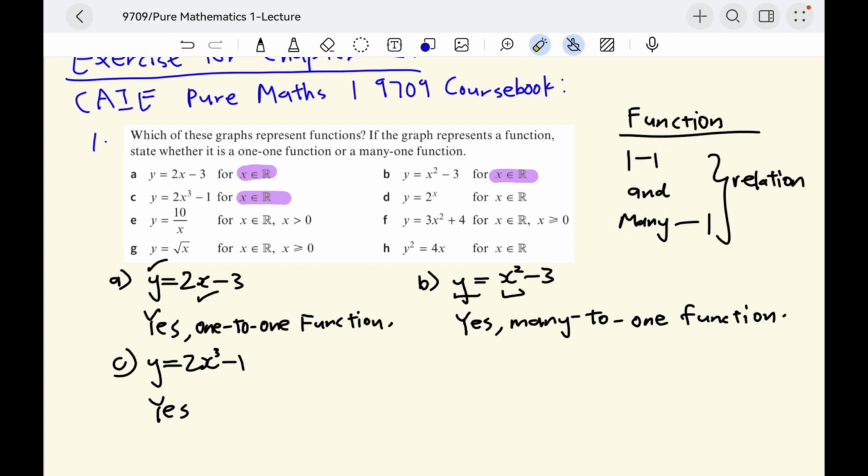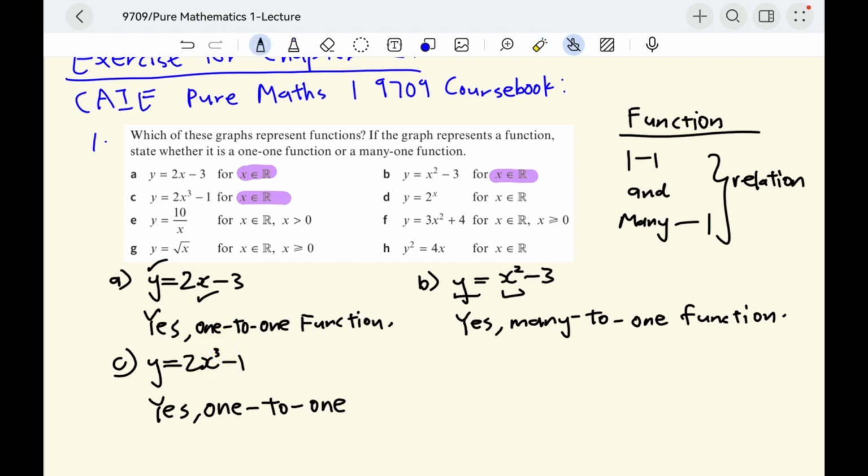So what is the type of the relation? It is one-to-one. Why? As you can see, this cubic function raises to the highest power of 3, whereas the quadratic raises to the power of 2. So fundamentally it is a one-to-one function.